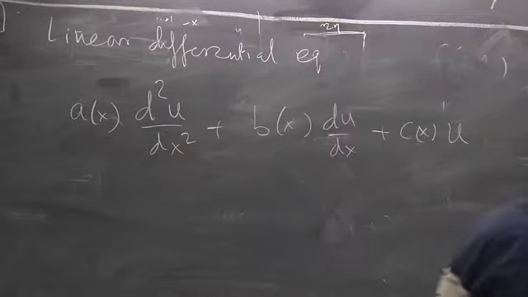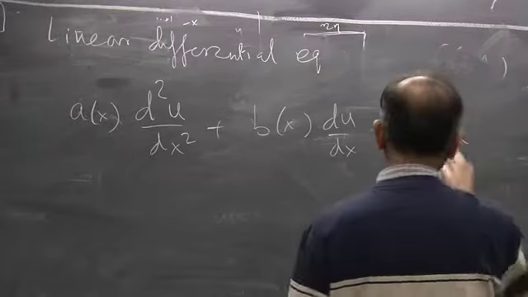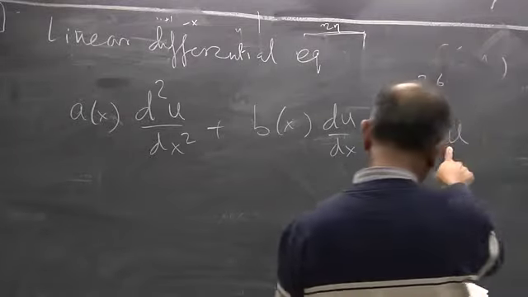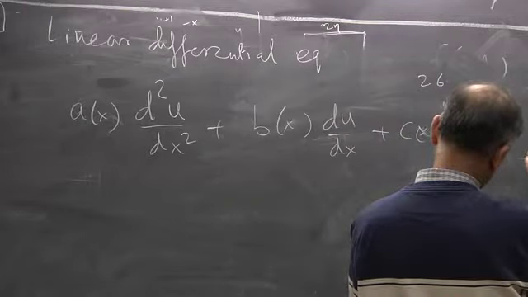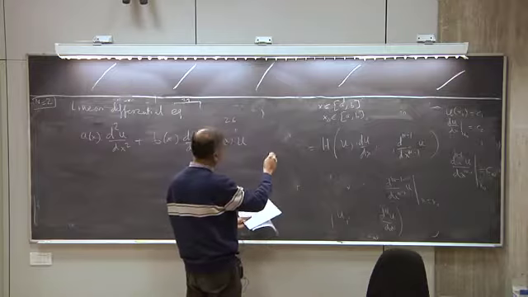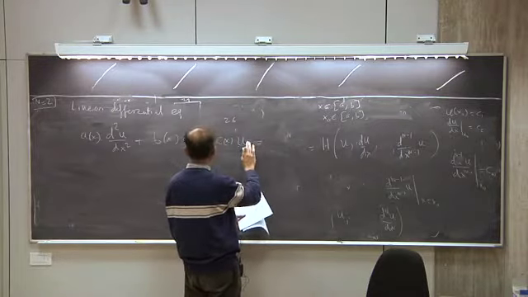I think there's a misprint, by the way, in equation 2.6: the u is missing. Equal to, so u is a function of x, of course.